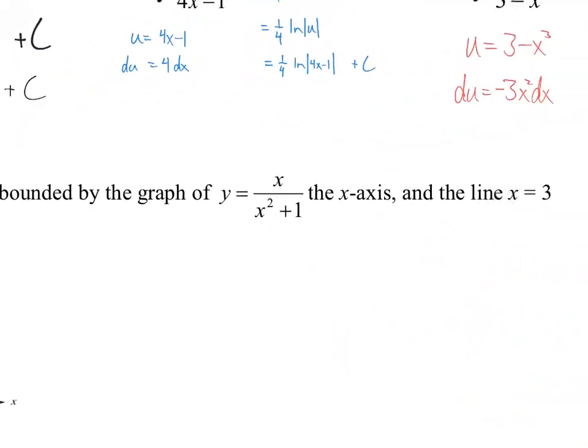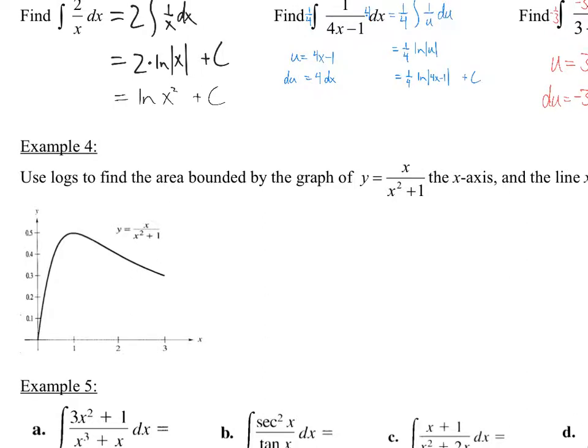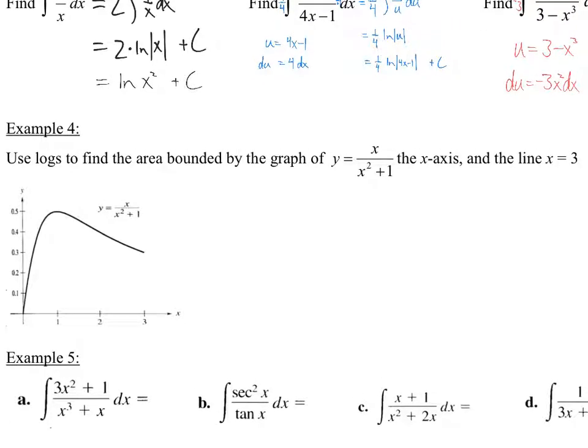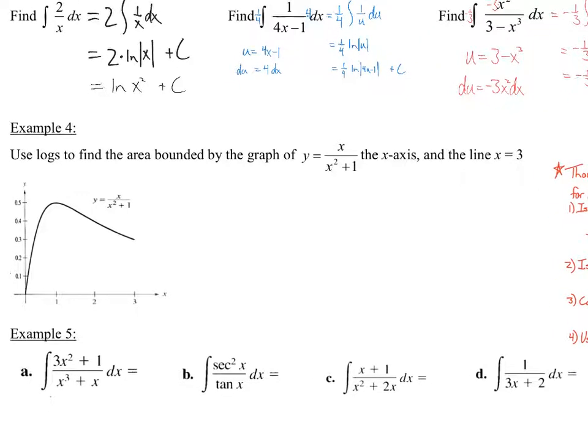Now, here is a challenge. It says use logs to find the area bounded by the graph of y equals x over x squared plus 1, the x-axis, and the line x equals 3. Okay, so what we're trying to do here is find the area under this curve.